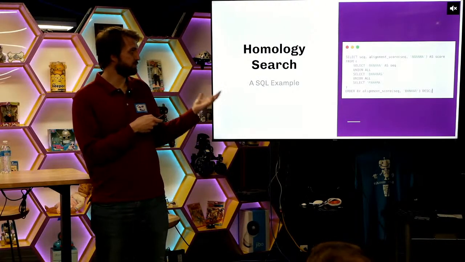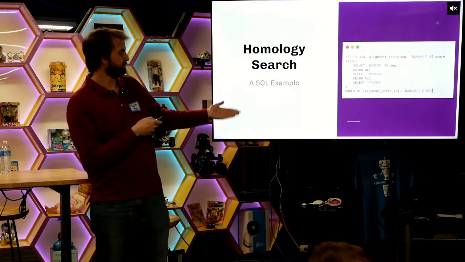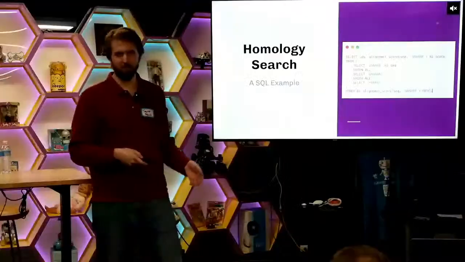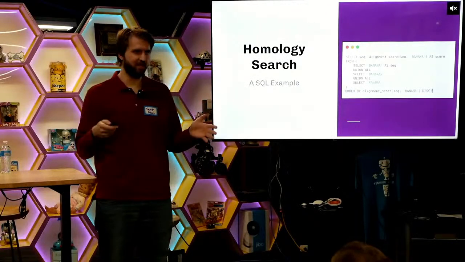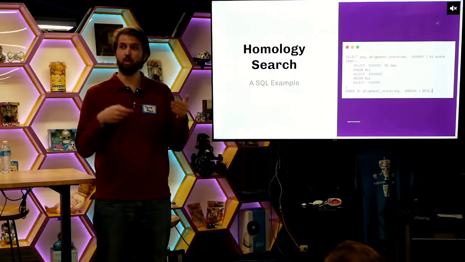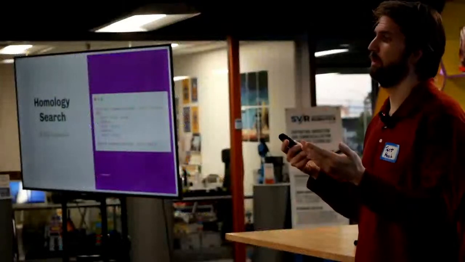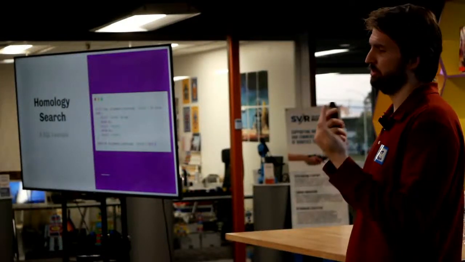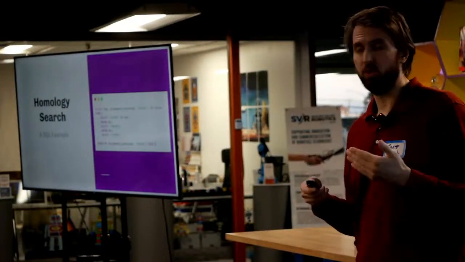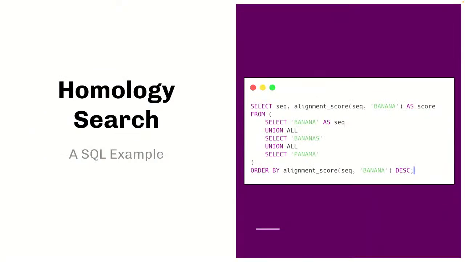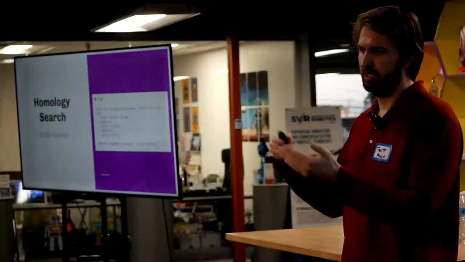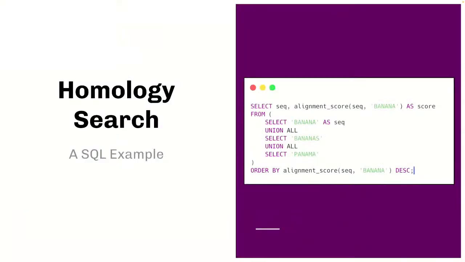So you can imagine cases where, yeah, this is the Panama banana, which is the classic alignment example, but you can imagine running this on your table of primers, running this on your table of DNA sequences, rather than pulling that out into a FASTA file, then doing the analysis, finding what you want, and pushing that back into a downstream system.